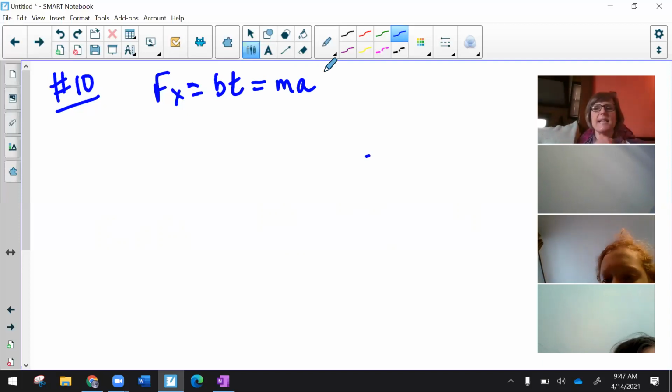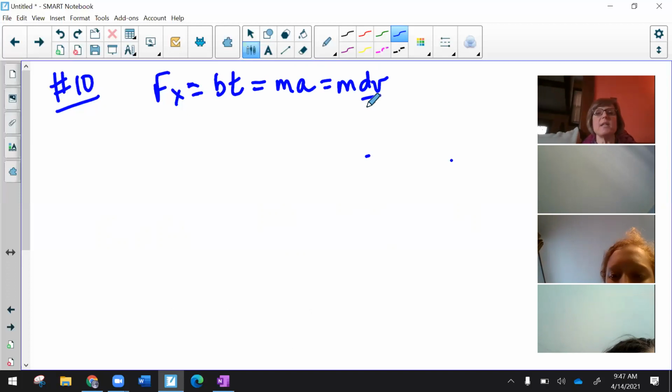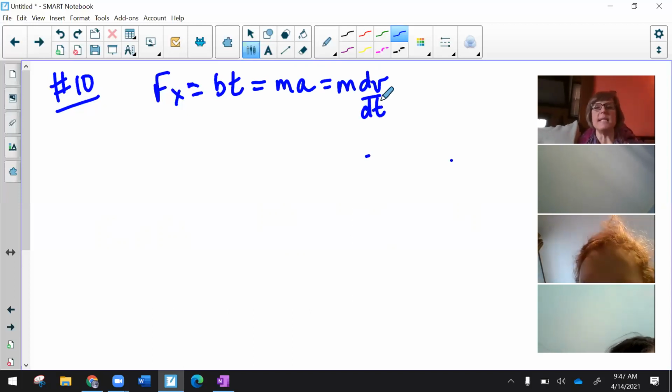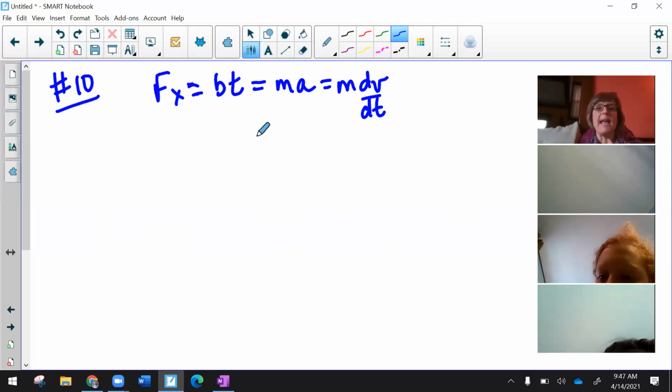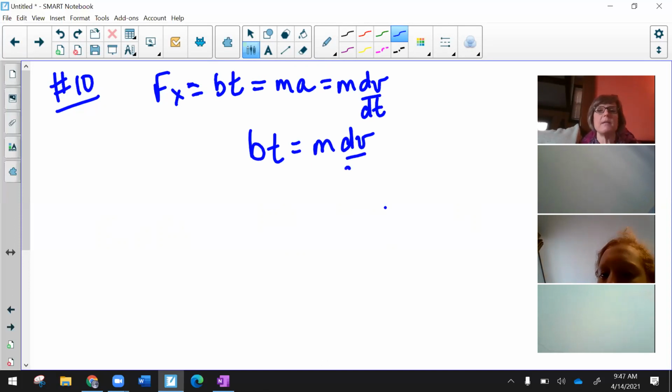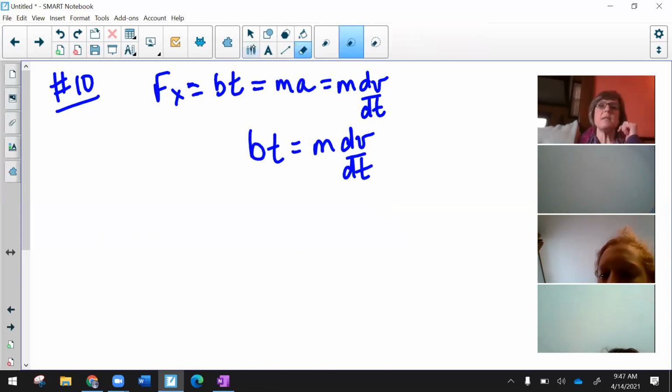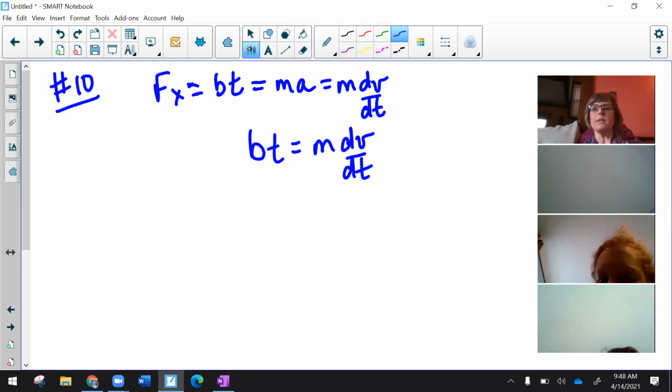Now, obviously, the acceleration is not equal to a constant because the force is not equal to a constant. But the acceleration is always dv/dt. So now what I have is bt is equal to m dv/dt, which is a differential equation that you can solve.